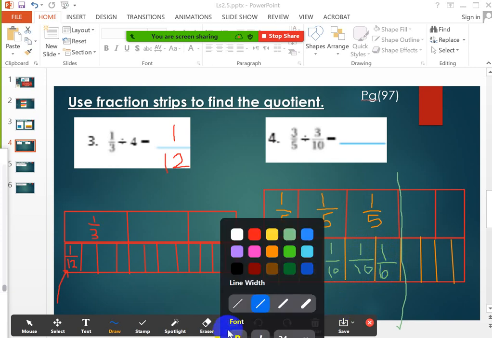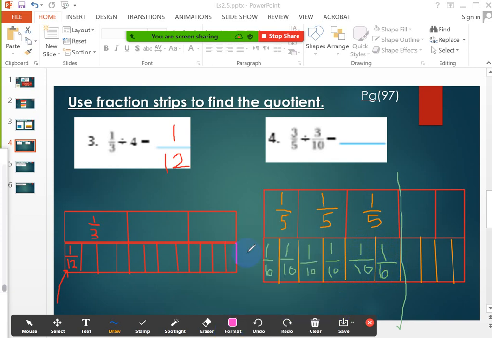Look, each 3 parts of those 1 over 10 is what? It is 3 over 10, right? Each 3 parts is 3 over 10. So those are 3 over 10, right, Jenna? And those are also 3 over 10.